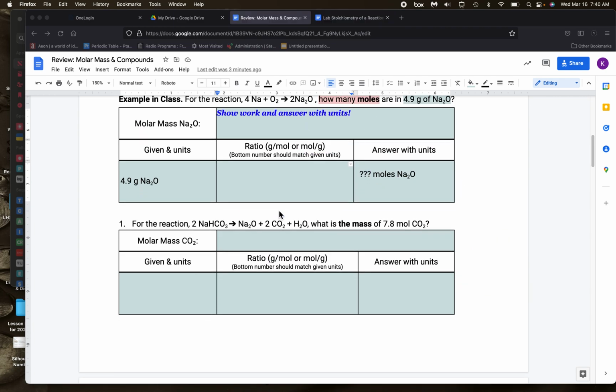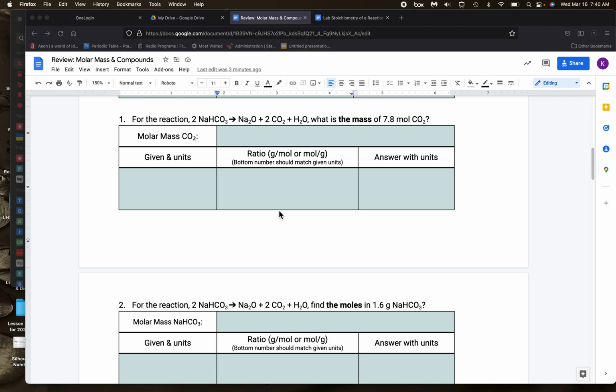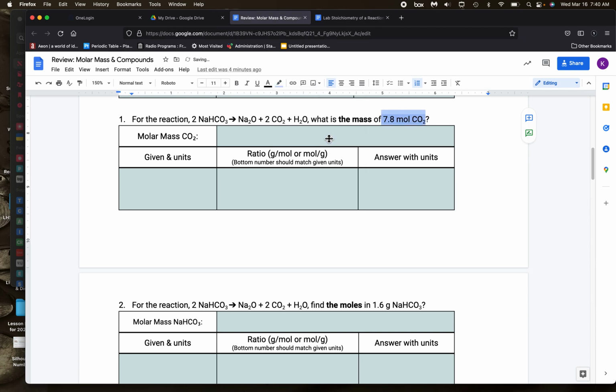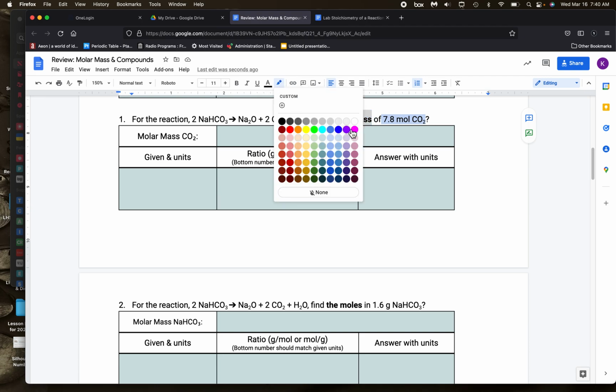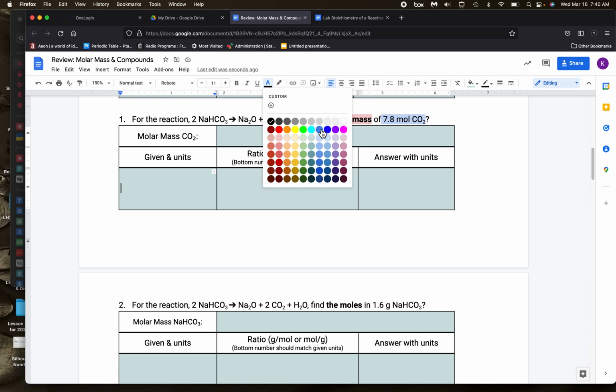So you'll have to pause or come back. We're going to solve the second problem, and we're going to do the same thing. We're going to identify the number in the problem, and that will be my beginning value, and I'll identify the question, and that will be my ending problem. And so here will be what I begin with.